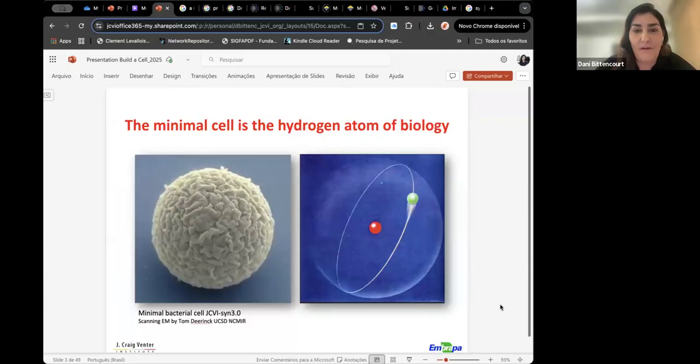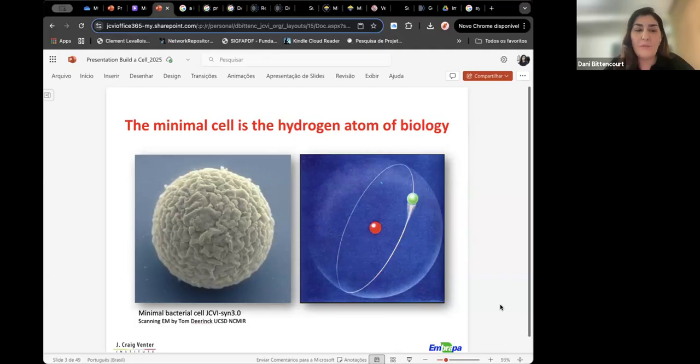So talking about the minimal cell, as I said, the minimal cell was developed based on the genome of Mycoplasma mycoides, through a process of genome minimization. Now this cell has almost half of the genome of the original wild type Mycoplasma mycoides. And it holds specifically the main genes responsible for the functions that we say are essential for it to be considered a live organism.